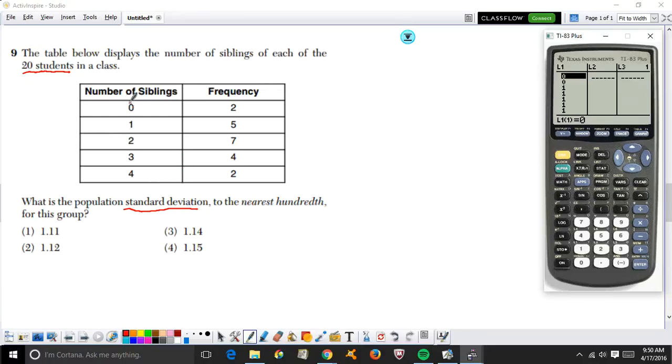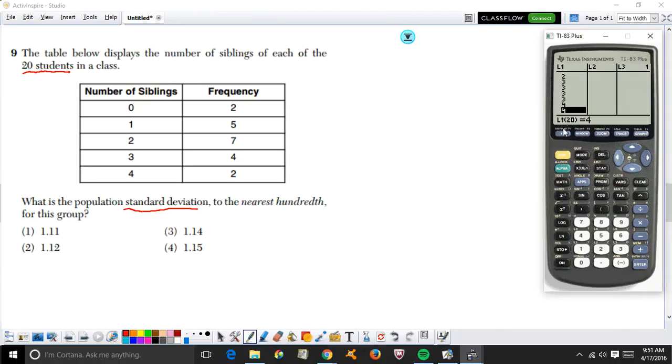How many zeros do you have? I'm going to put 2 because the frequency was 2. How many ones? 5, and so on. How many 2's? 7. How many 3's? 4. And how many 4's? 4.